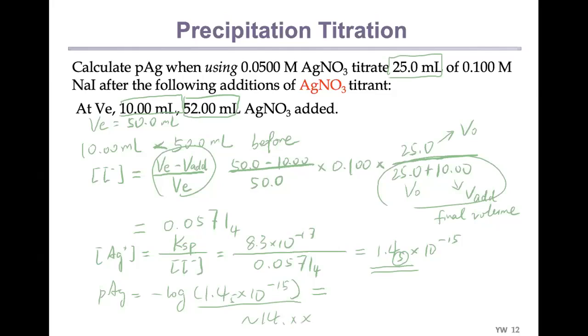Again, it's a logarithm case, and we have 2 sig figs in the original number. It means that after logarithm, the mantissa part should have the same digits as the original number, which is 4. So we have 14.84. Okay, so that's before the equivalence point.